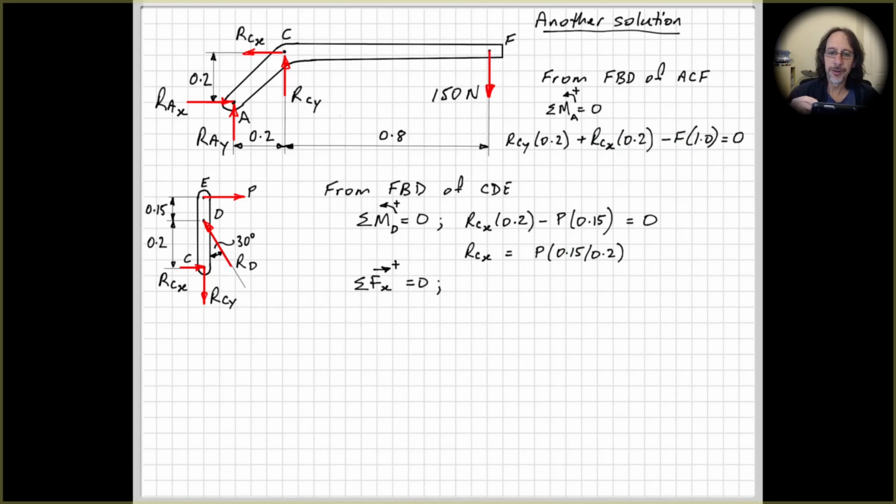If I now do the sum of the forces in the x direction equals 0, P minus RD sine theta plus RCX equals 0, I get RD equals this equation. So I've got RCX as a function of P, so I could substitute that into there.